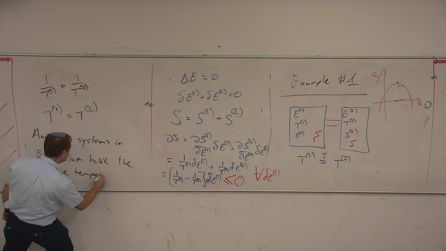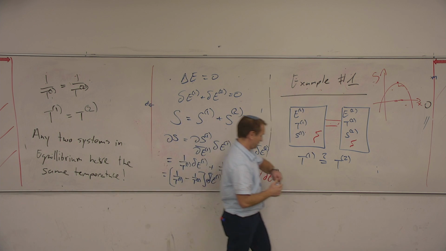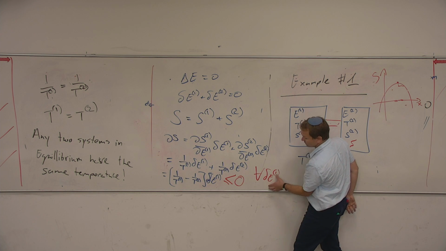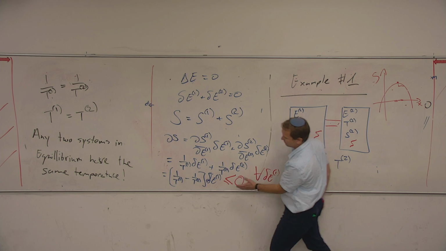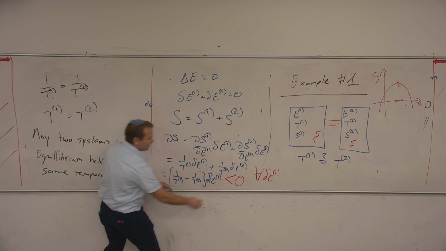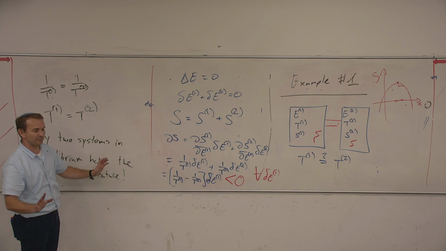Why do you set it at 0? Because it has to be satisfied for any delta E. Let's try and solve this. Can it be negative? T1 and T2 are constants.